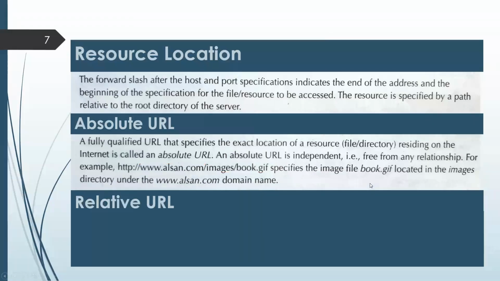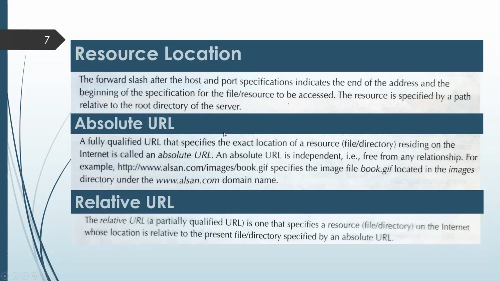relative URL. The relative URL, a partially qualified URL, is one that specifies a resource, file or directory on the internet whose location is relative to the present file or directory specified by an absolute URL. Okay.